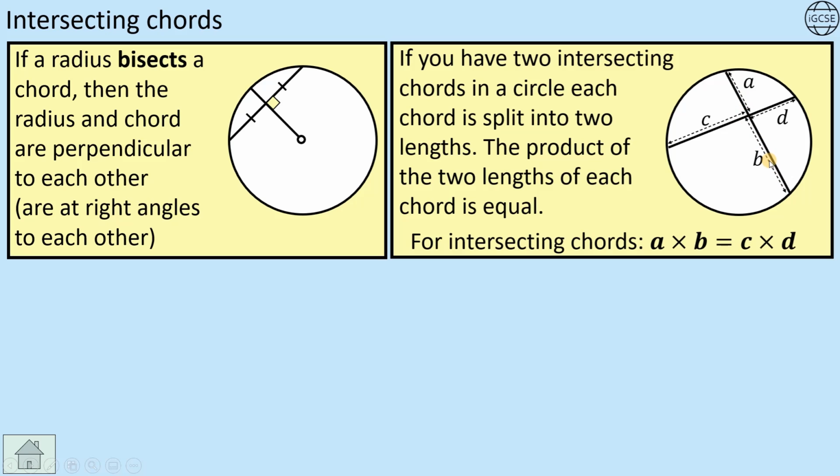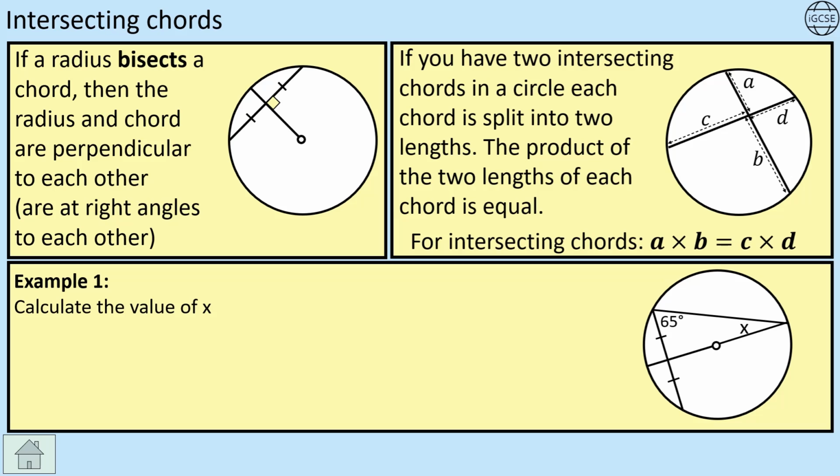You'll notice that this time they're not bisecting each other at all, so that's something we don't need to worry about. But the rule here is A times B, so that length times that length is the same as this length times this length. Okay, so that's the rule of two intersecting chords, and of course that can be applied with particular problems which we are going to look at now.